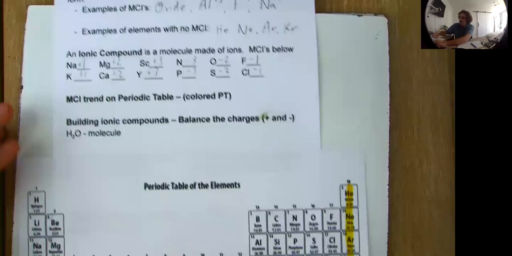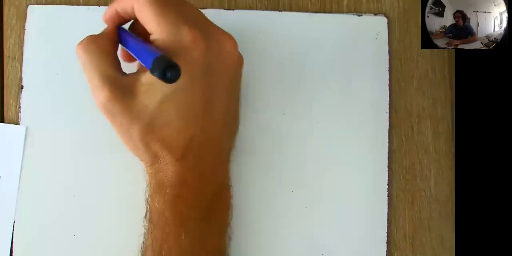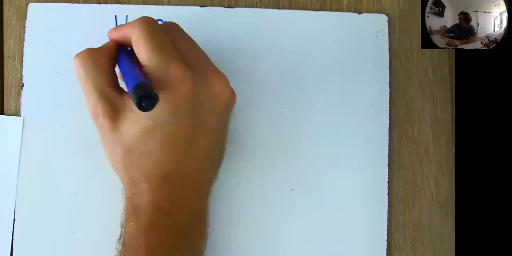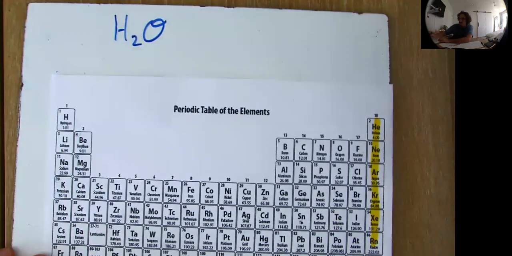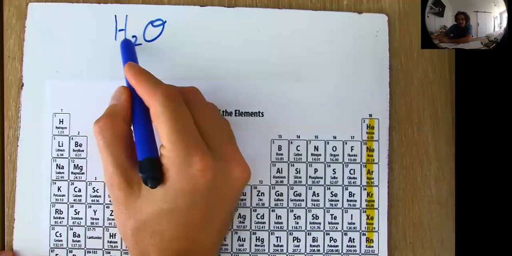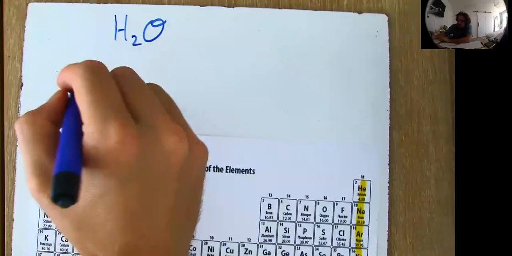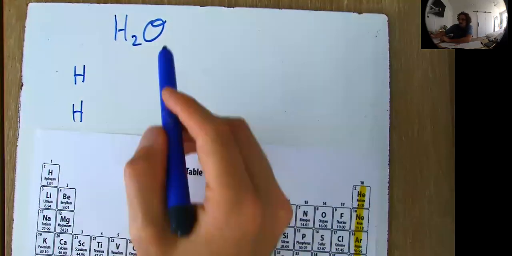So how do we build an H2O molecule? Well, we know that there are 2 hydrogens in the water molecule. And how many oxygens are there?